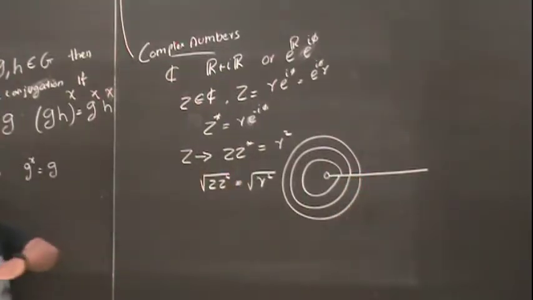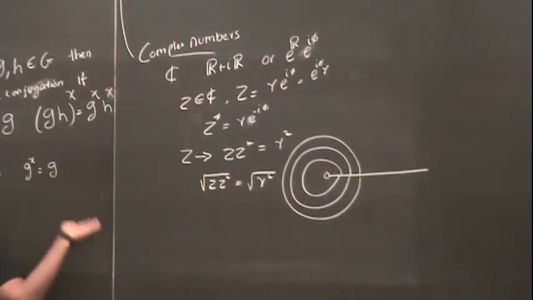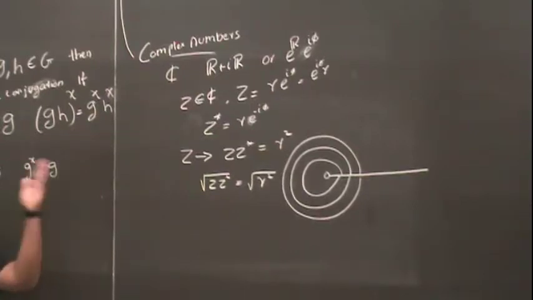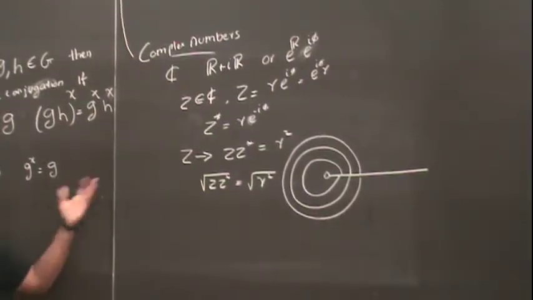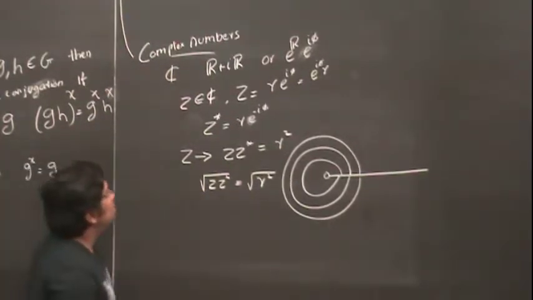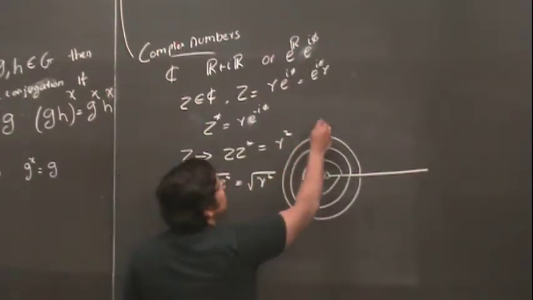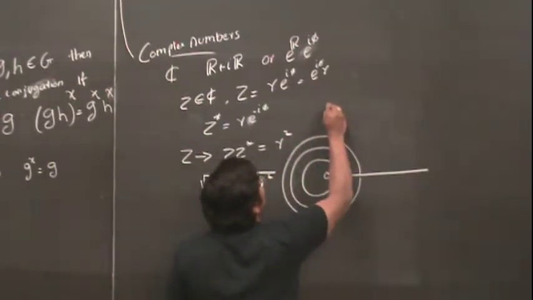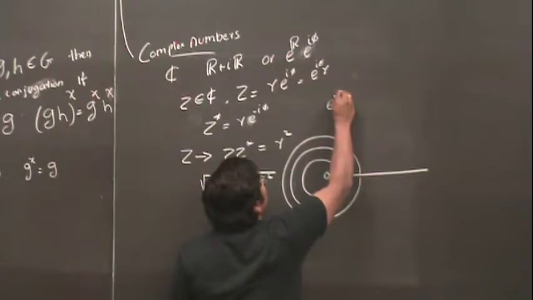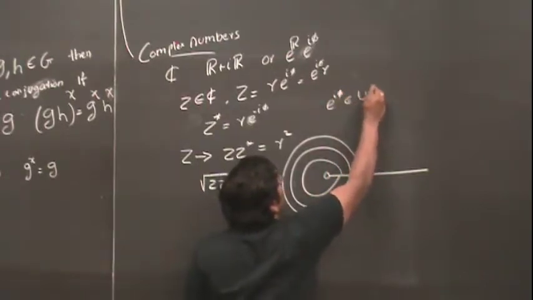So you choose an R and e to the i phi, which lets you rotate to obtain new elements of the group. And notice that e to the i phi is an element of U(1).